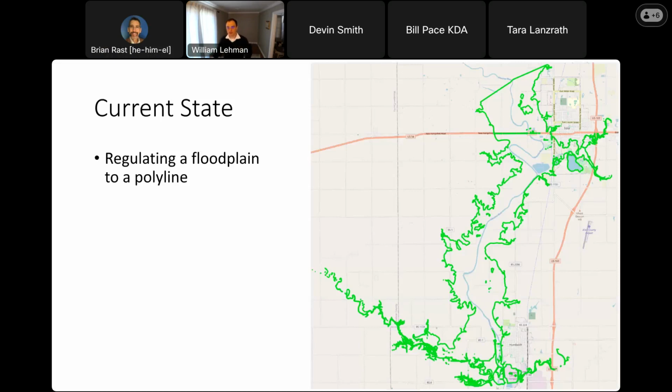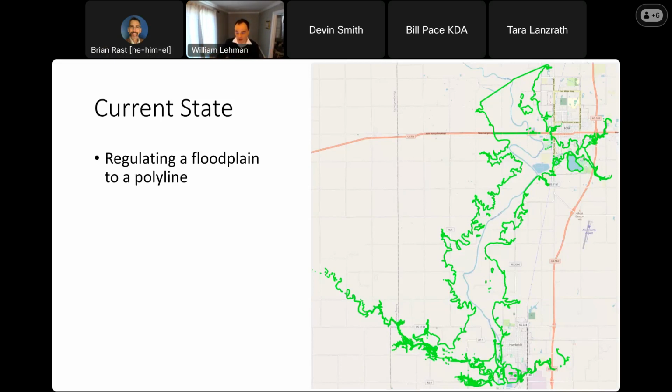When it comes to floodplain management right now, our current state is that we operate to a line. The federal minimum standard is the SFHA, which is about the 100-year floodplain. So we have this polyline and we're kind of left to figure out the rest. You can look to see what structures are inside.